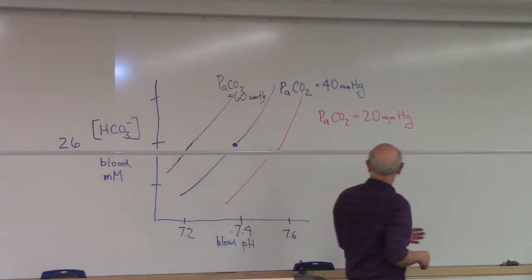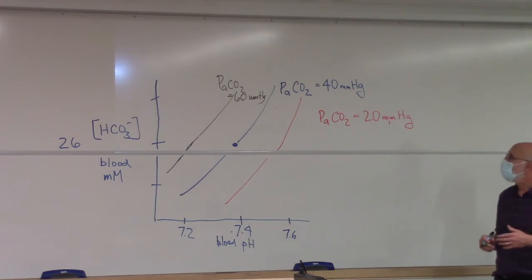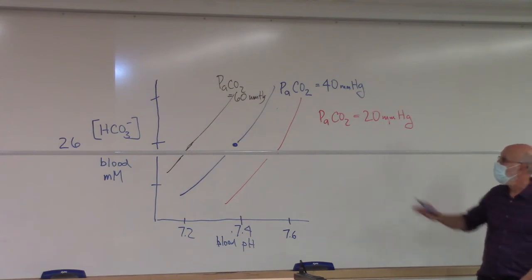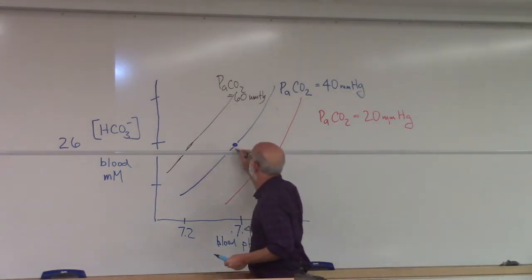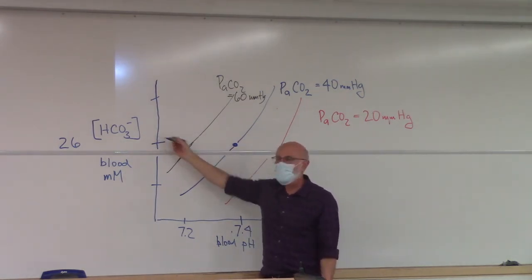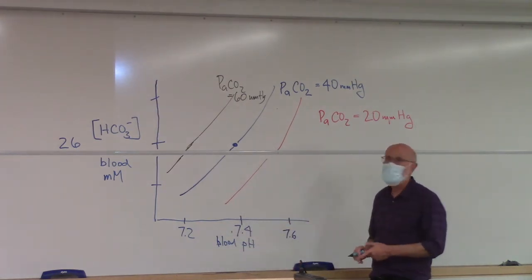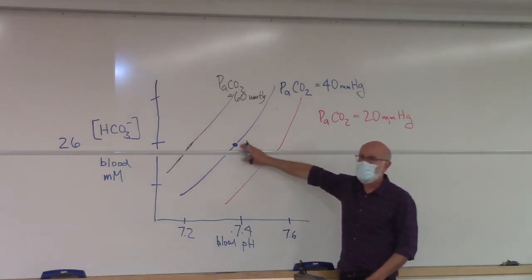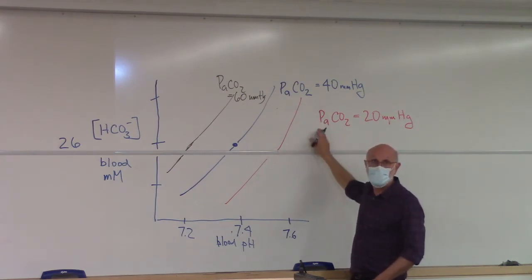So let's illustrate some physiology with this. Let's just say you're normal. At the normal point, 26 millimolar bicarbonate, pH 7.4, normal. You start to hyperventilate. So you move from this curve to this curve. Let's say you hyperventilate all the way to 20 millimeters of mercury.